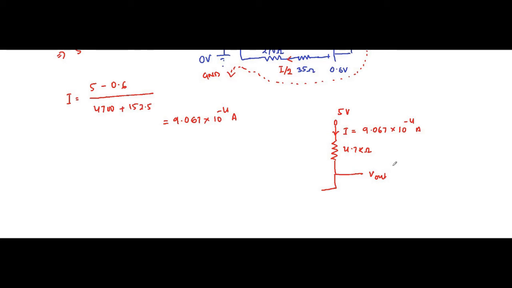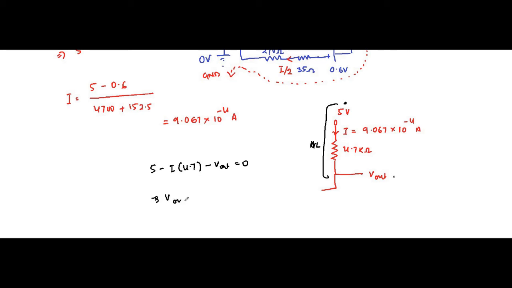So if we apply KVL from this point to Vout in this direction, then we'll have 5 minus I into 4.7 kilo ohm minus Vout is equal to 0.